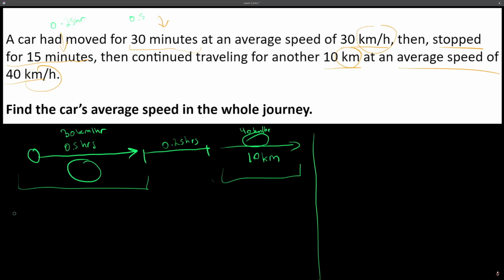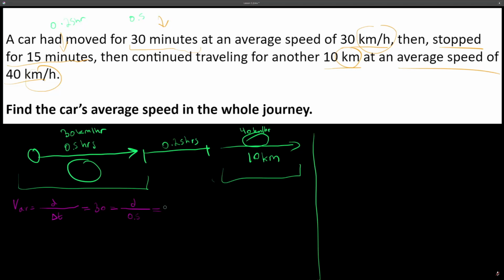In this segment over here, we have the formula for average speed: V average is equal to distance over time. So we can just substitute 30 kilometers per hour, which is the average speed it told us. The average speed is equal to distance, so we want to find the distance, over time, which is 0.5 hours.